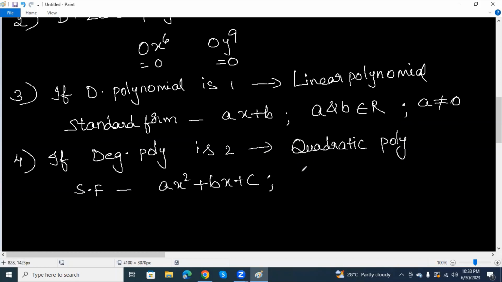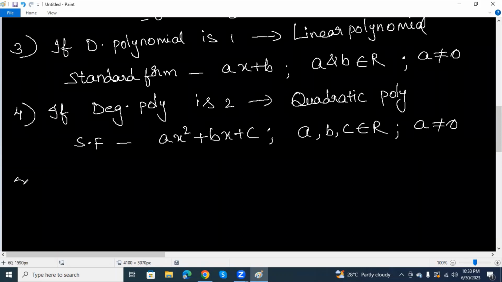This is a polynomial, okay? So here the highest power is 2. The power of this term is 2. Here 3 coefficients are there, a, b, c, which belong to real numbers. Any number you can take. And same, a should not be equal to 0. This first coefficient, the x square coefficient, should not be equal to 0.